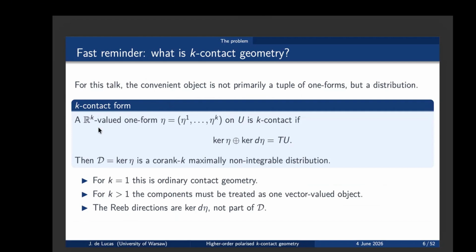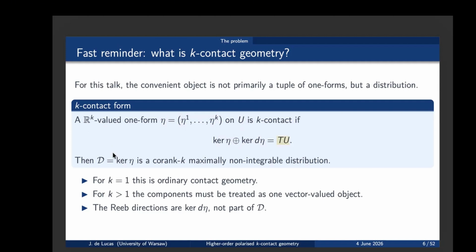A k-contact form is a one-form taking values in R^k, you can say it has k one-forms. It is defined on U, a differential one-form on U taking values in R^k. And the kernel of eta is in direct sum with the kernel of the differential, and it gives the total space.